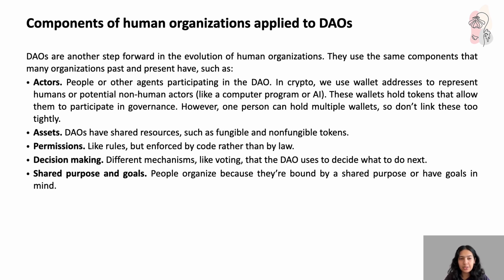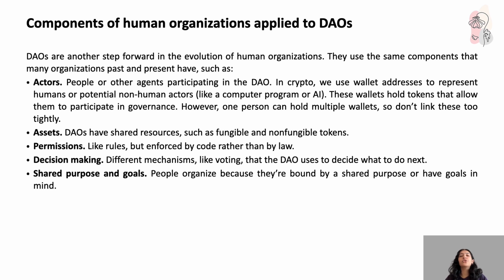purpose and goals. If I talk about actors, actors in your human organization are people or other agents. When I come to DAO, it still says the same: people or other agents that are participating in the DAO. In crypto, we use wallet addresses to represent humans or potential non-human actors, say AI.